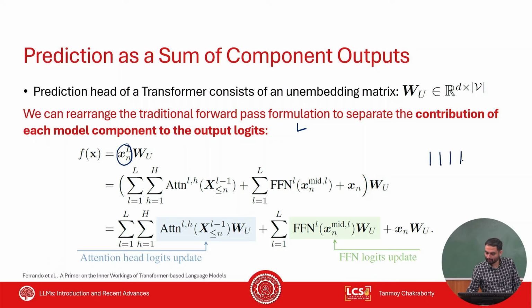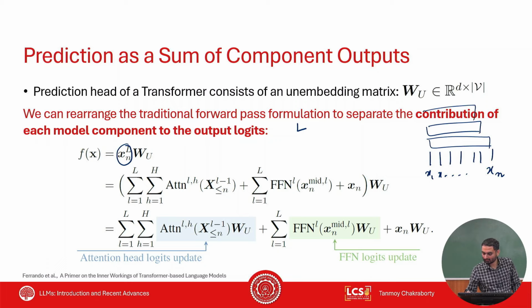Because we have x1, x2, dot dot dot xn, and all these layers, and let's say this is the last layer, the lth layer, and the corresponding output that we obtain for this xn will be fed to the unembedding layer W u, and this vector is denoted by xn l.